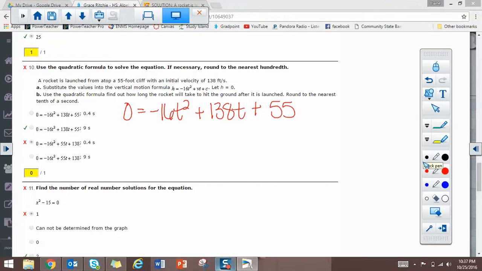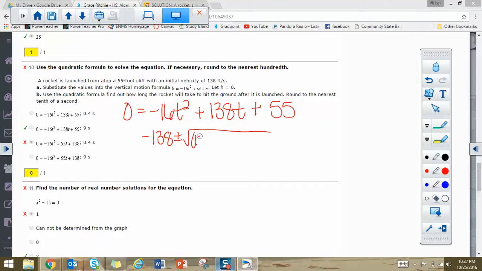Okay, so we'll have negative b plus or minus, I'm going to use the quadratic formula here. You're not going to want to ever try to factor these. Most of them, I don't know that they ever factor. So negative 138 plus or minus the square root of 138 squared minus 4 times negative 16 times 55.